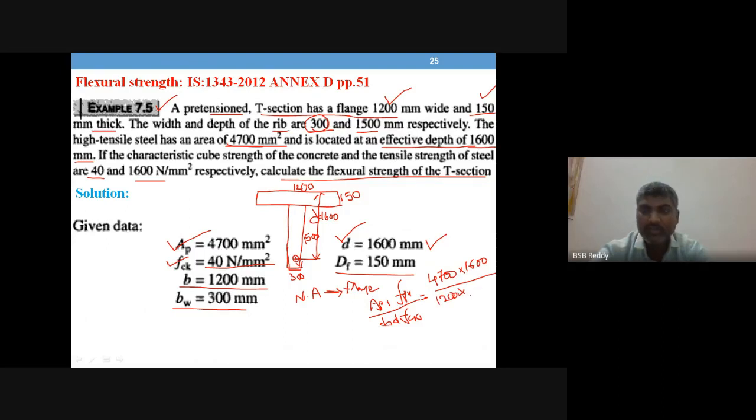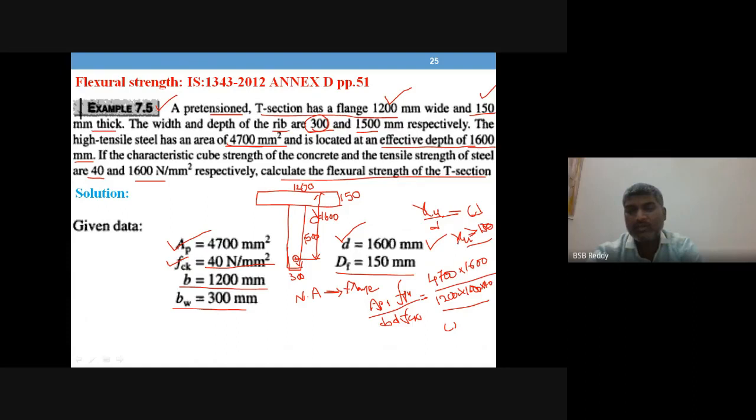What is effective depth? 1600 again. FCK 40. So for this value, whatever you get, if you read XU by D value from table 11, you are going to get XU definitely greater than 150.